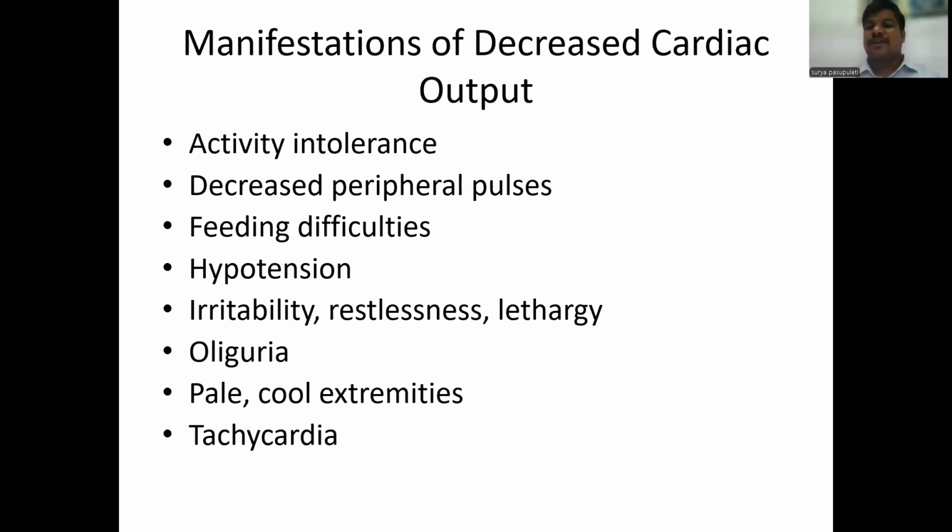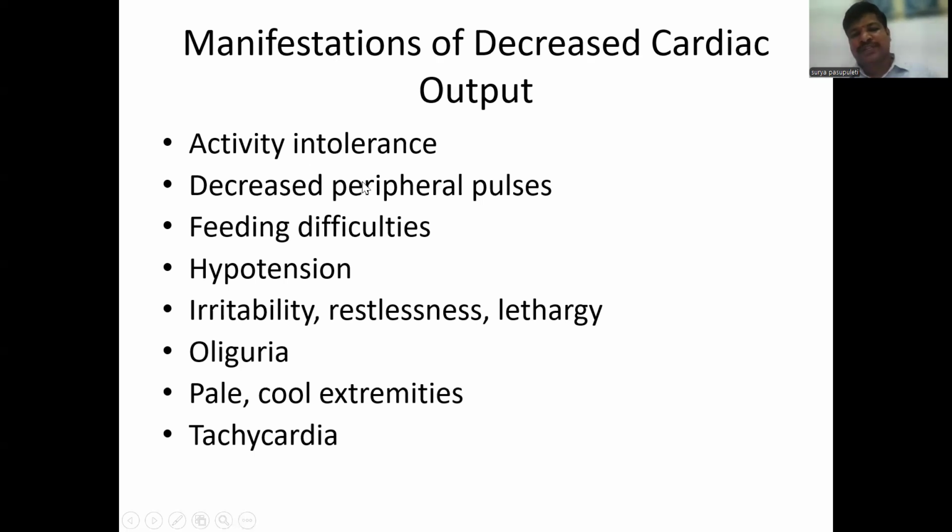And now see, in all congenital heart defects, the manifestations occur where the cardiac output will be decreased. Because of the decreased cardiac output, let's see the manifestations. As the cardiac output is decreased, that leads to decreased blood supply to all parts of the body. When there is decreased blood supply to all parts of the body, automatically that leads to hypoxia, which causes activity intolerance.